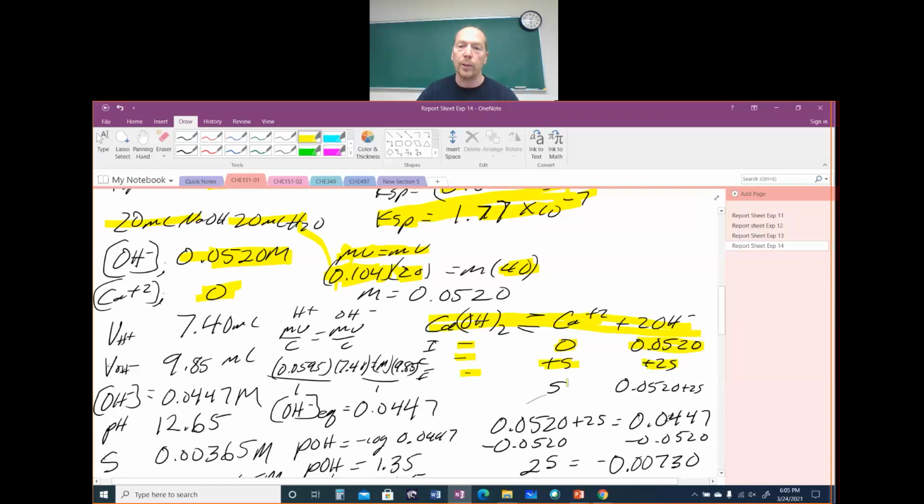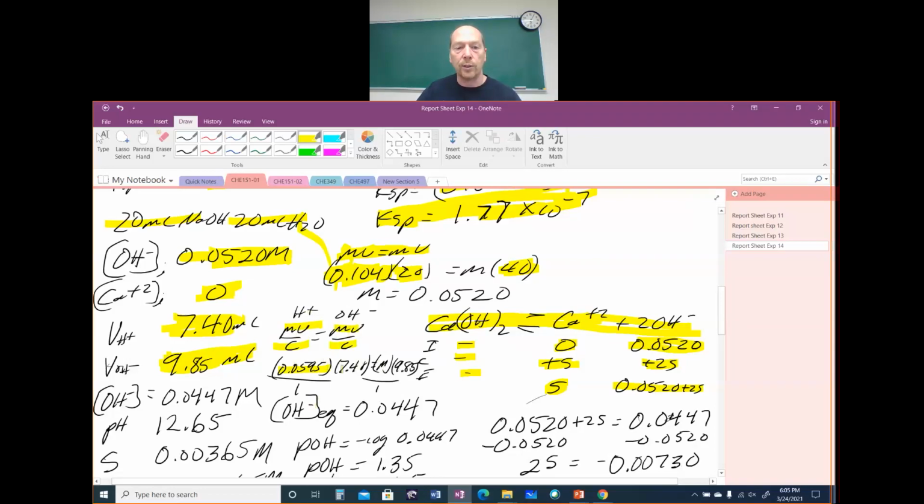So we have at equilibrium, calcium plus 2 is again the molar solubility, but now our OH minus is 0.0520 plus 2S. All right, so we just write down our data. It required in this case 7.40 mils of our acid to neutralize 9.85 mils of the base. All right, so we have our MV over C is equal to MV over C for our acid and our base.